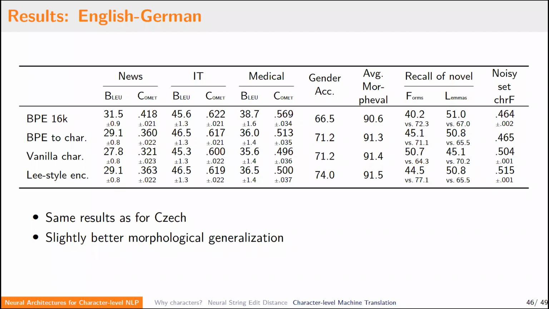For instance, I hoped that the character level models might be better for German compounds, which was actually not the case. And the recall of novel forms and lemmas is pretty much the same in all of the models, but this is probably not that important in German as it was in Czech. And again, under the noise sampled on the source side, the character level models are much better.